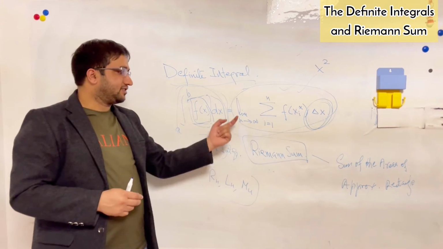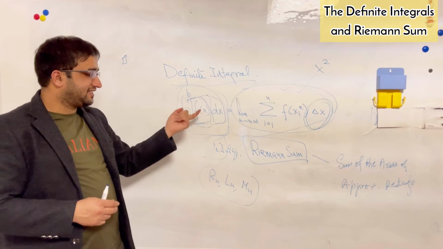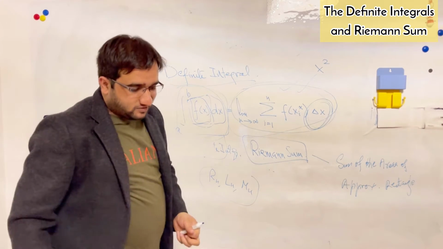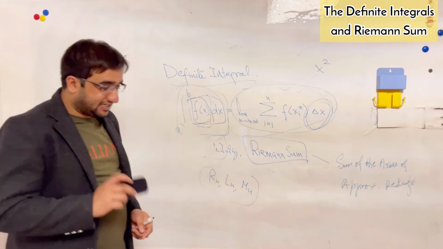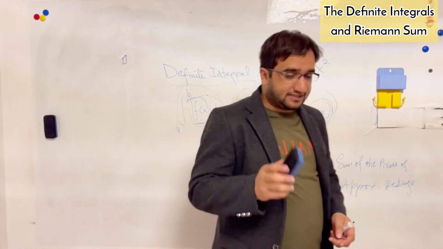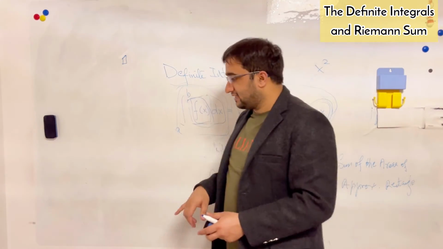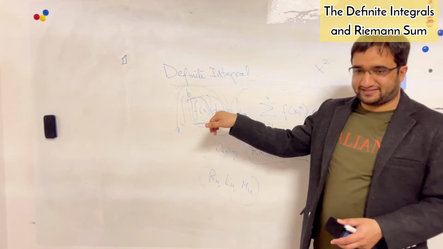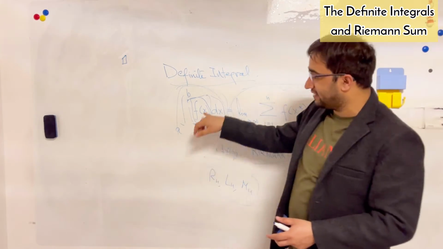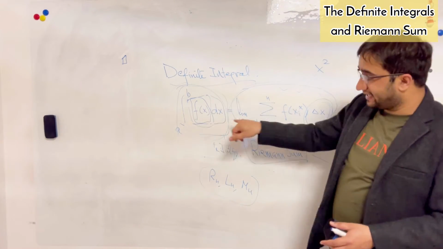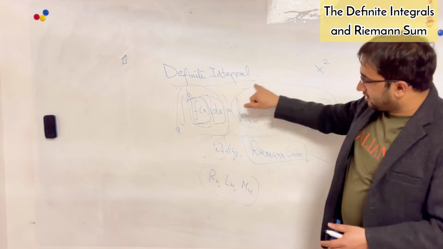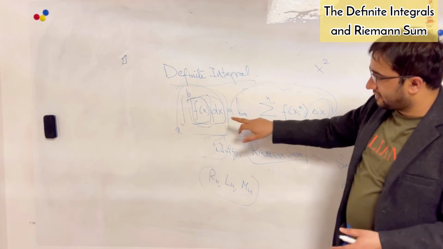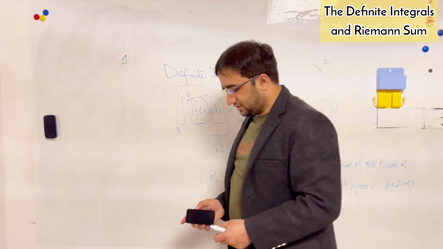So we just introduced this integral. I'm telling you again, in this week's homework, do not try to give me a direct calculation of the integral. Keep this in mind. Whenever I ask you to find the integral, use this Riemann sum because they are approximately equal to each other.